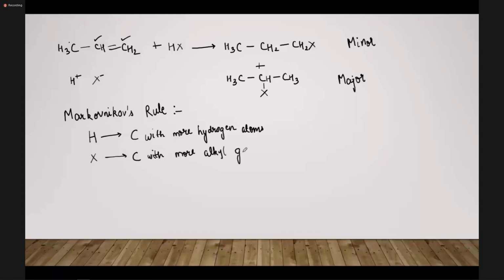Okay. So this is the statement of Markovnikov's rule, which justifies the presence of this second component as the major component in the product.